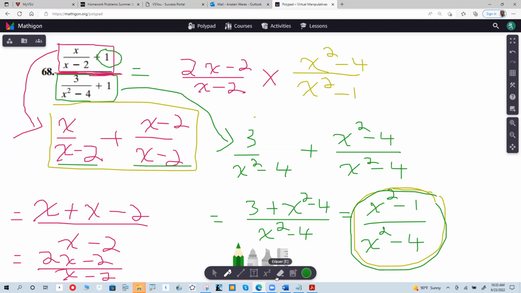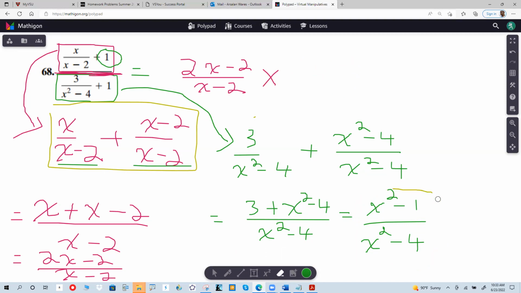So I know this green. Let me go back to green, okay? I'm going to erase this. So green, I'll stick to green, will always be green here. I am going to flip it because there's a division sign here, and if you want, I can erase it and show you. This division sign has to be replaced with a multiplication sign, and you just can't do it without flipping this guy.